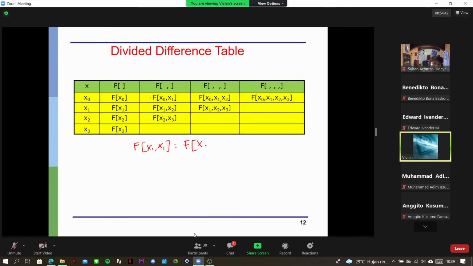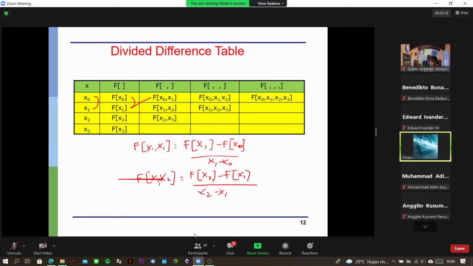When we want to calculate f[x1, x2], that will be f(x2) minus f(x1), the slope between x1 and x2, divided by x2 minus x1.